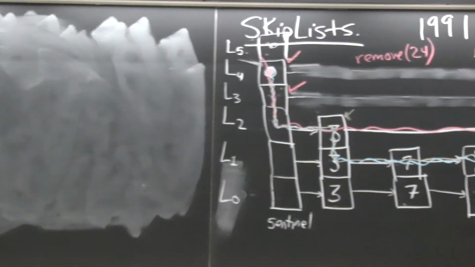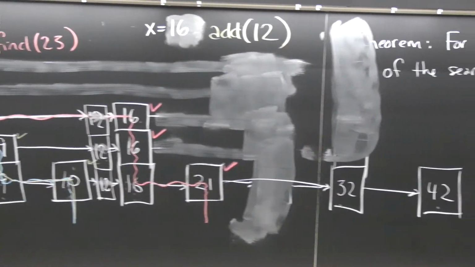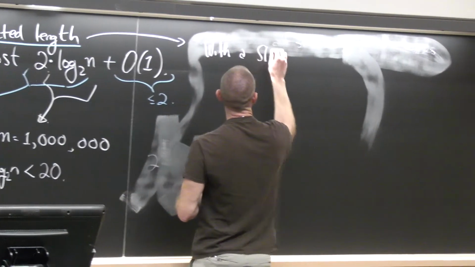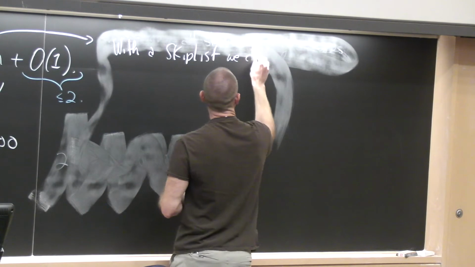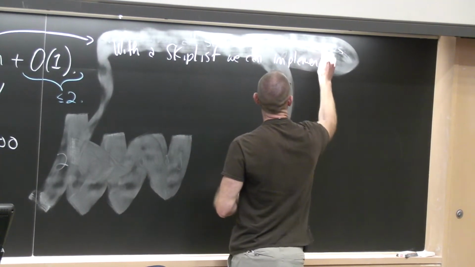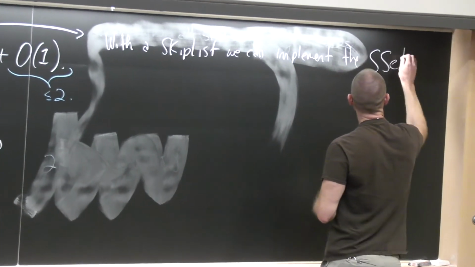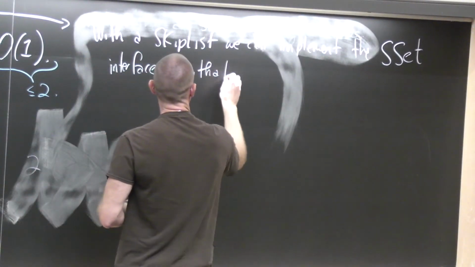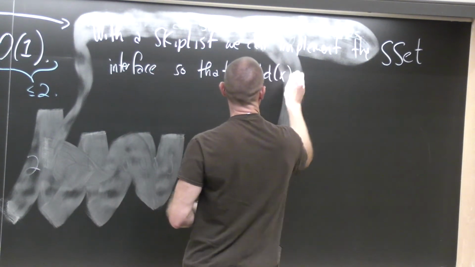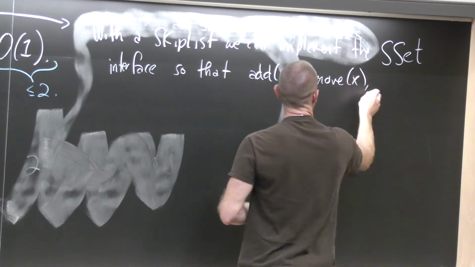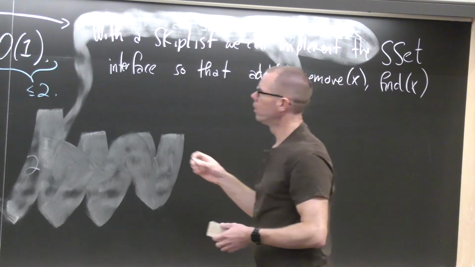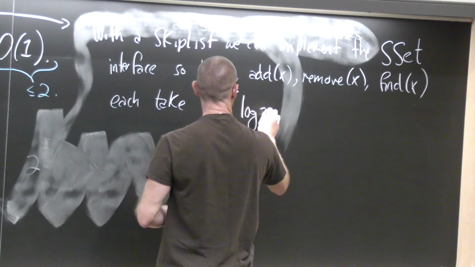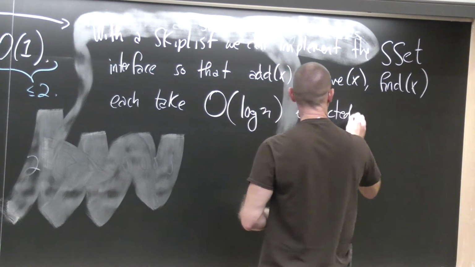And let's write that down over here. With a skip list, we can implement the SSet interface so that add, remove, and find each take O of log n expected time.